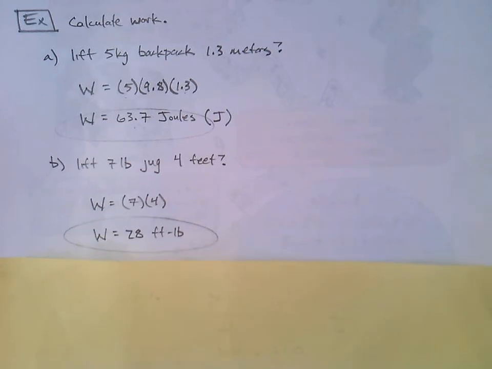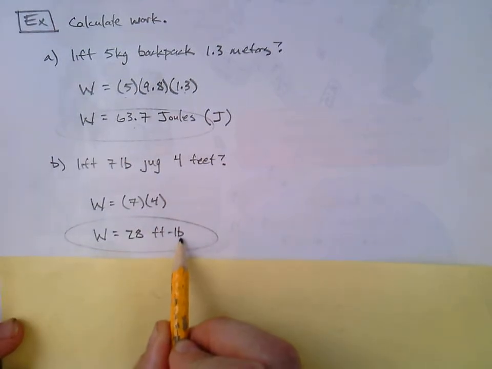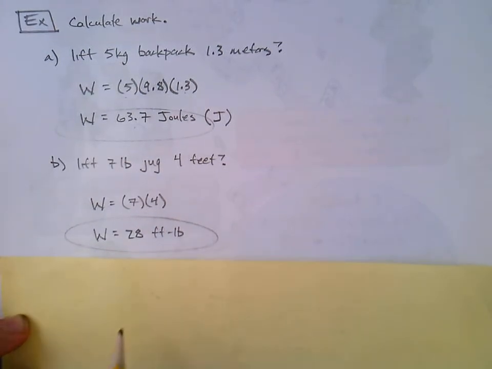So it's just 7 times 4. So work will equal 28, and the units here, not very original, foot-pounds, which you often see as FT-LB. 28 foot-pounds of work. How many pounds over how many feet?